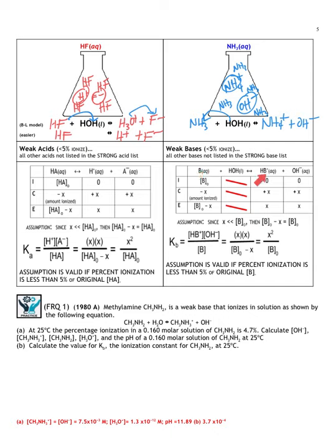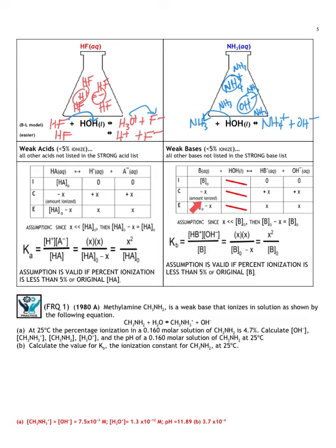So doing so will produce HB plus, the conjugate acid of that base, and then of course the conjugate base of the original acid here. So the water is not going to be a part of the equilibrium because water is a pure liquid. You do want to make sure you include that in the base reaction.